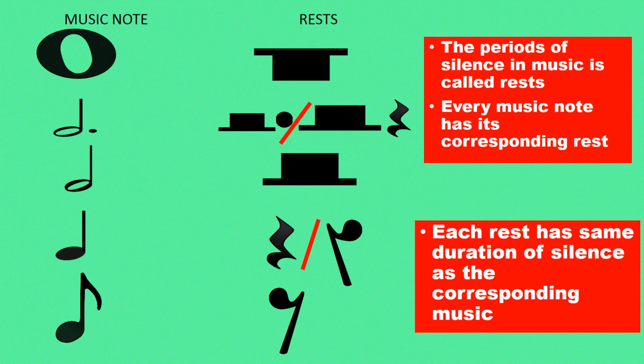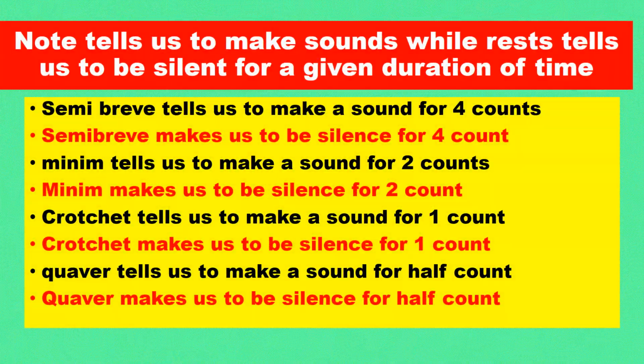The period of silence in music is called a rest. Every music note has a corresponding rest. Each rest has the same duration of silence as the corresponding music note. Notes tell us to make sound, while rests tell us to be silent for a given duration of time. Semi-breve tells us to make sound for 4 counts, and the semi-breve rest makes us be silent for 4 beats.